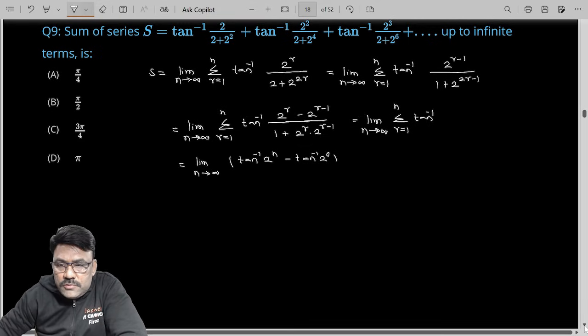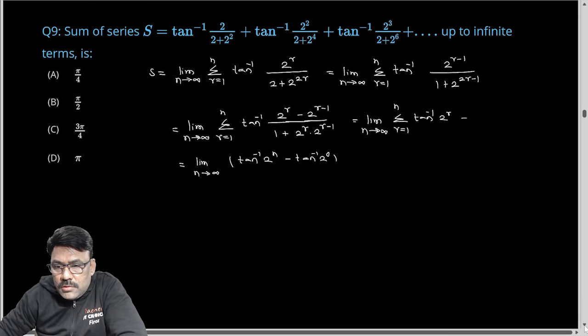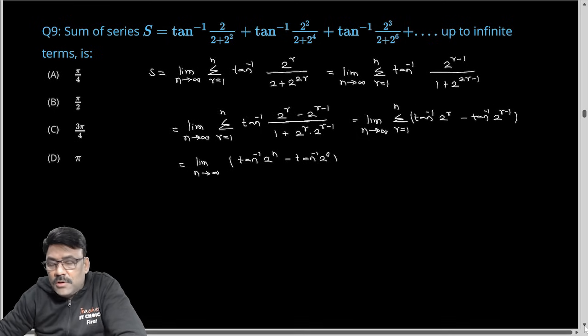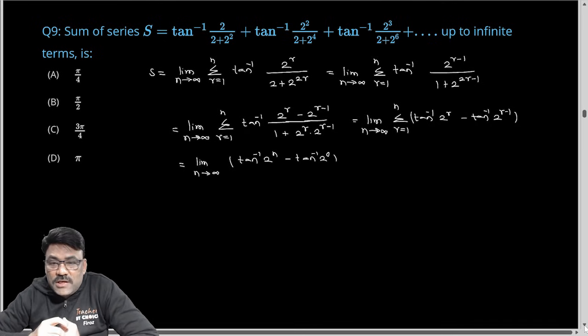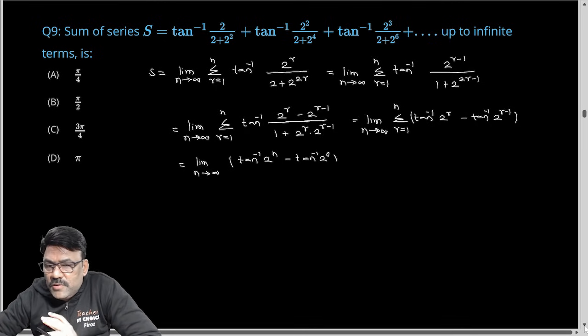It is tan inverse 2 raised to r minus tan inverse 2 raised to r minus 1. So when you put r varying from 1 to n, all terms get cancelled. Only the largest one, which is tan inverse 2 raised to n, and the smallest one, which is minus tan inverse 2 raised to 0, remains.